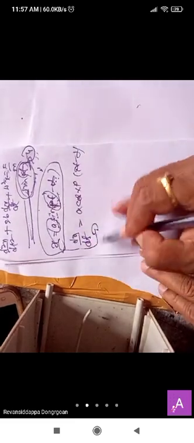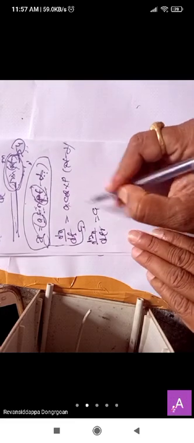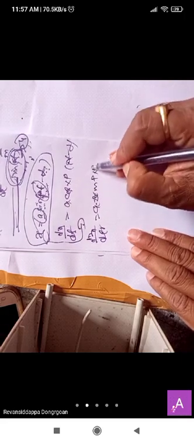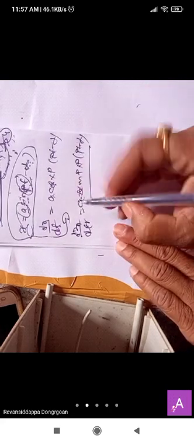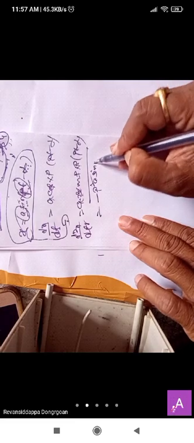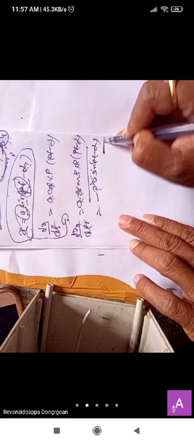Again differentiate: d2x by dt square is minus a p square sin of (pt minus alpha).